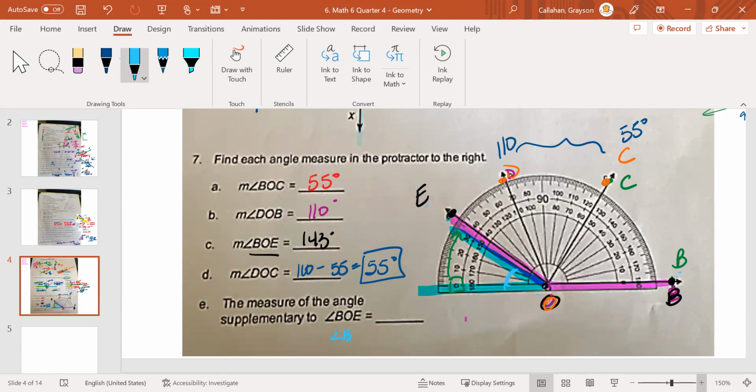So angle BOE is equal to 150 degrees. This angle plus 150 equals 180. So that has to be 30 degrees. So this angle is 30 degrees. All right, and that concludes this part.